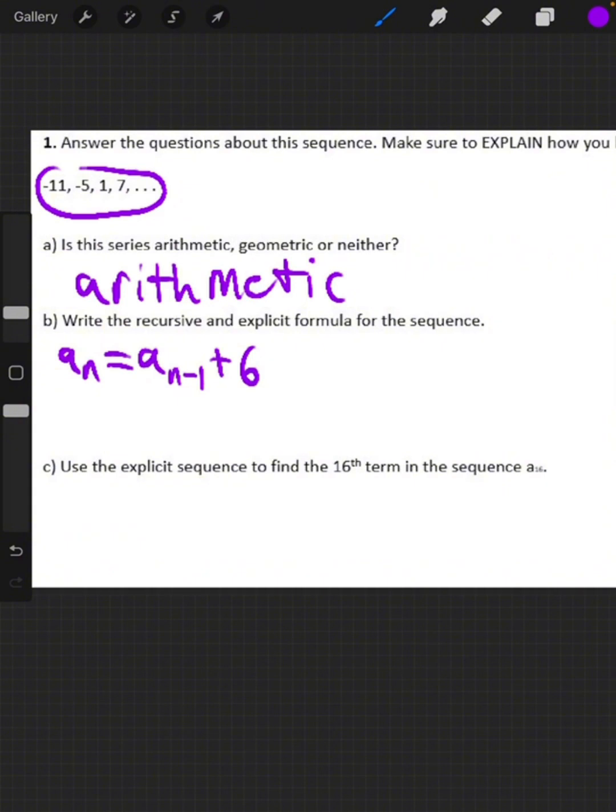Okay, so the explicit formula is a_n equals a_1 plus (n minus 1) times the common difference.